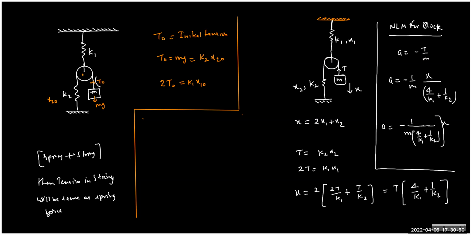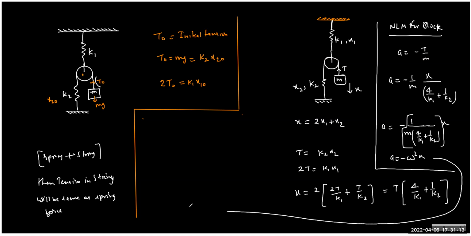So this entire thing is basically your omega square, right? See, I just wrote the minus from my side. If I don't write it, it doesn't matter. So now you can see that we got the omega. So what is the omega? Omega is under root.